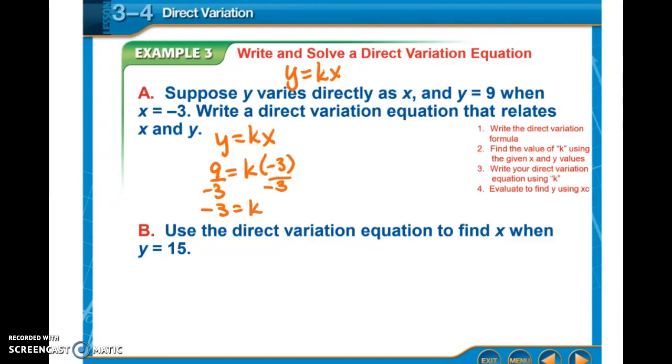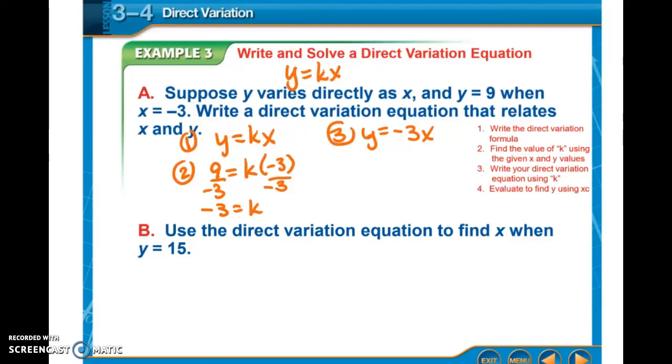So now we're to step 3. This was step 1, and then we solved it. This is step number 2. Step number 3 is to write your direct variation equation: y equals negative 3x. We left out the x and y, and we just put in the new k.